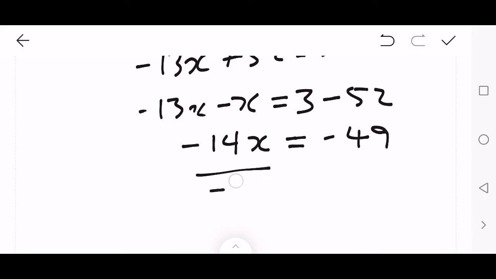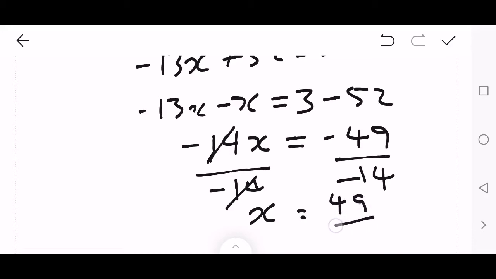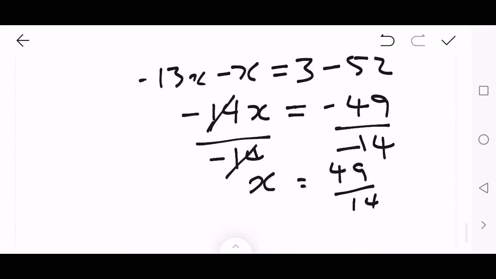Divide by minus 14 and divide by minus 14, and we'll cancel 14 aside, so we're left with x equals 49 over 14. So that's your value of x.